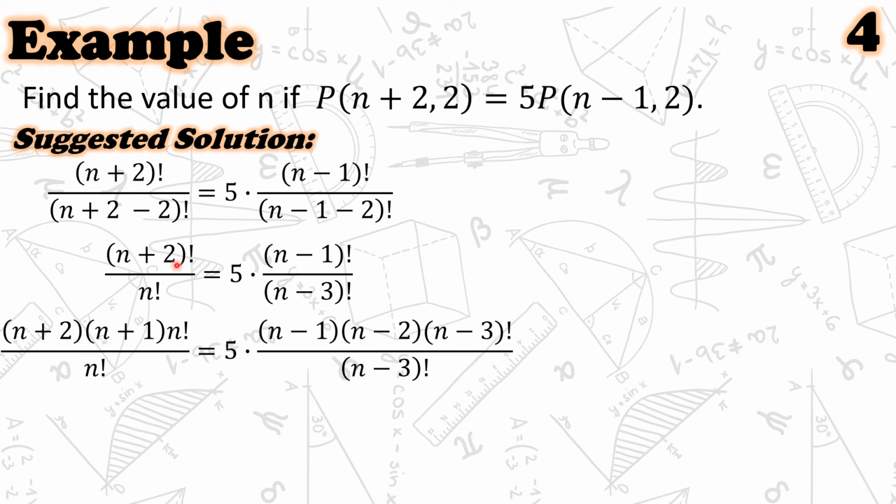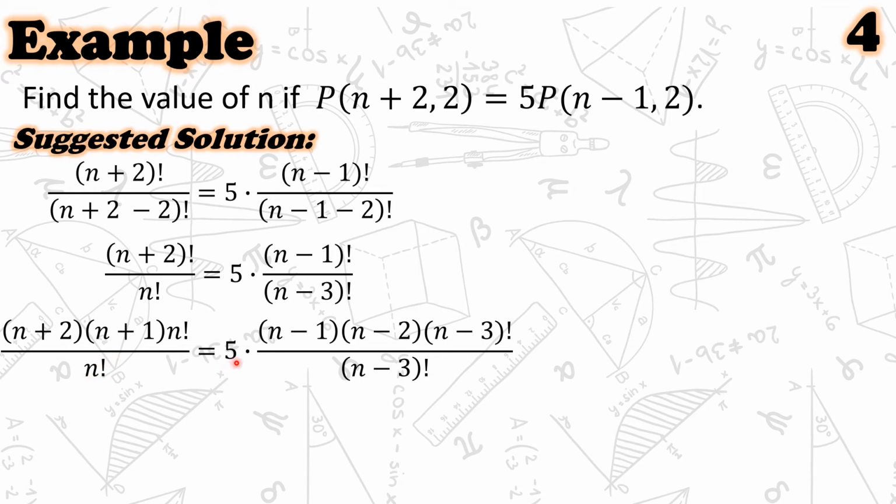n plus 2 factorial can be written as n plus 2 times n plus 2 minus 1, and that is n plus 1, times n plus 1 minus 1, that is n factorial. We stop at n factorial because in the denominator there is n factorial.